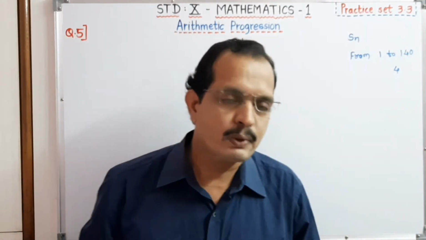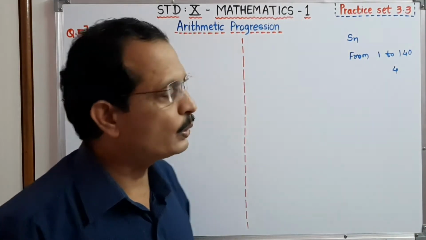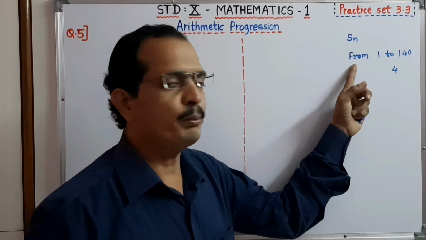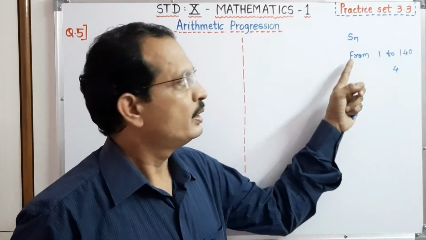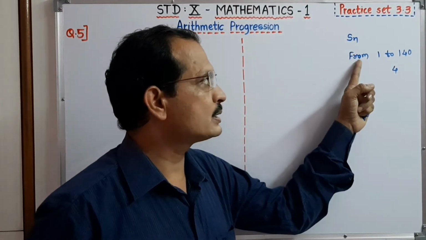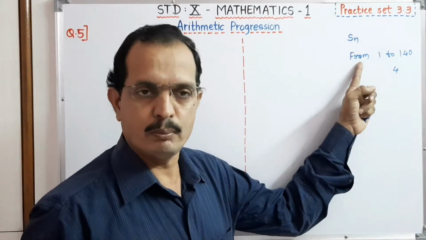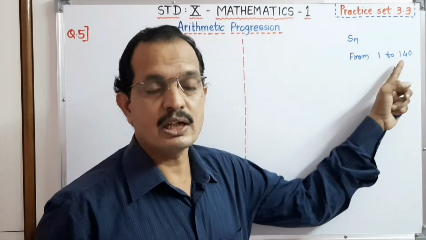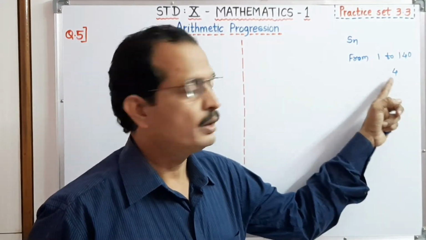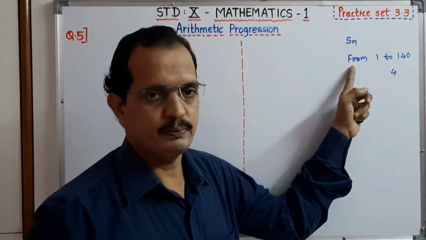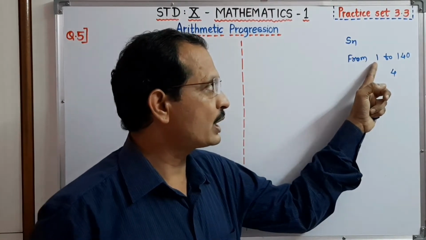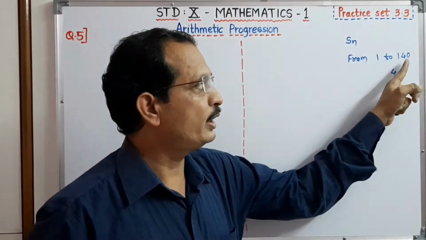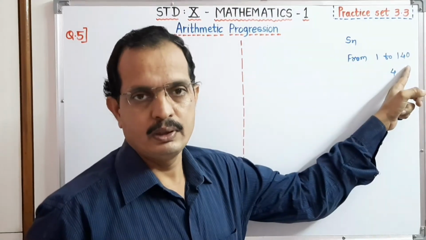As in the previous lecture I told you about from and between. We have to find the sum of numbers from 1 to 140 which are divisible by 4. The word from is used. Therefore we start with 1 and end with 140.